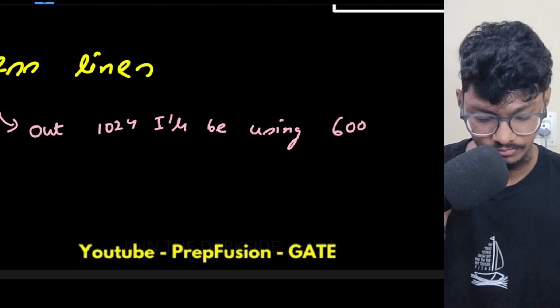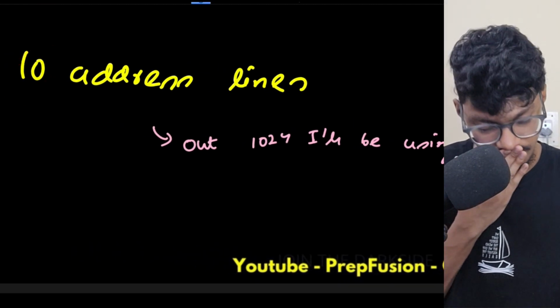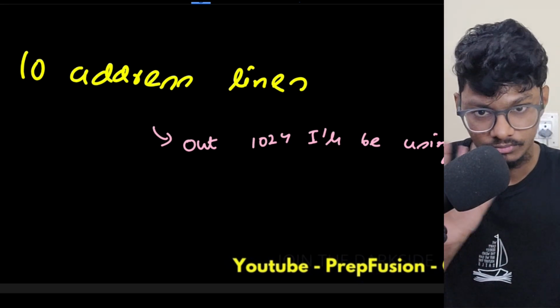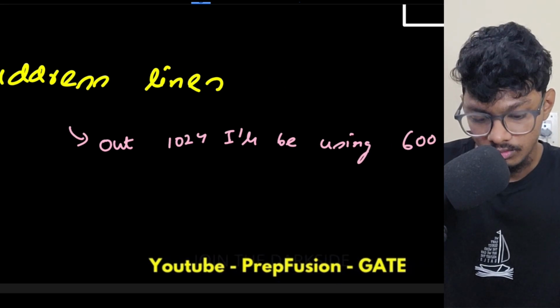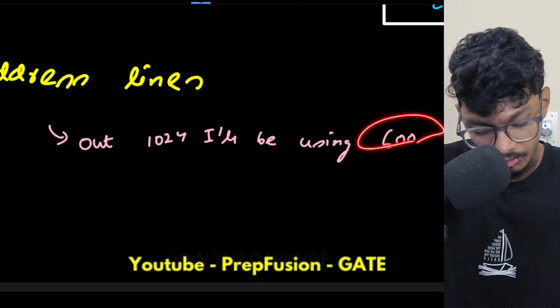And it's okay. I cannot use 9 bits. If I use 9 address lines, it will be 512, so you will be left with 88 control words short, and you will not be able to decode. So obviously you will take extra, and I'll be only using 600.